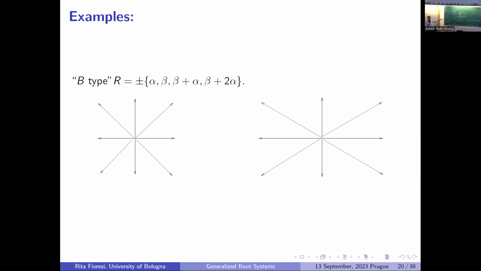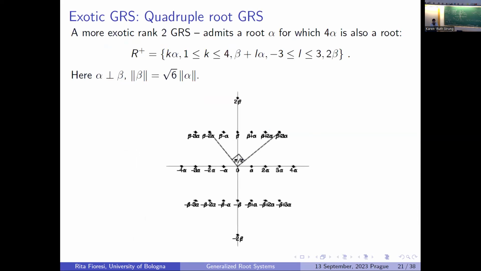So this is a B type. You see that you can have the usual B2, or you can have this B2 where the lengths are not what you expect. And I just wanted to give you a feeling that in rank 2, if you relax the hypothesis on multiples of roots, you can have this very exotic generalized root system.